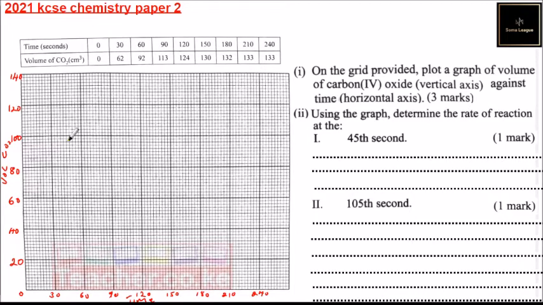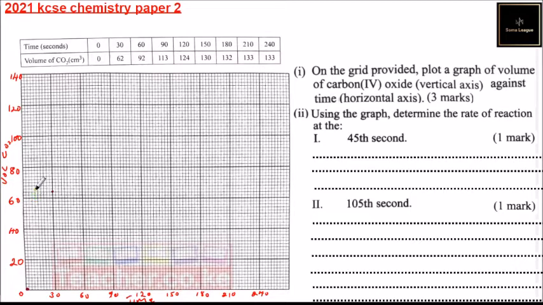So when time is 0, volume is 0. You can use a dot or a cross. I'm going to use a dot. When time is 30 seconds, volume is 62. We have 10 small squares here, so we get our 62 there. When it is 60, we have 92.